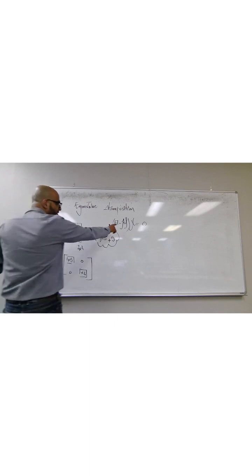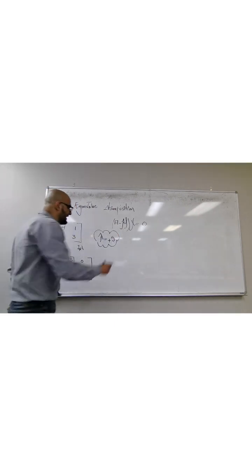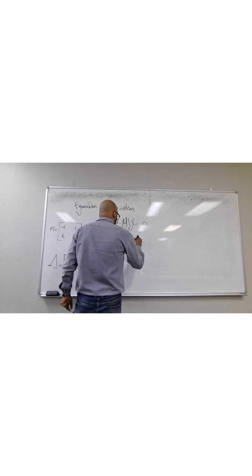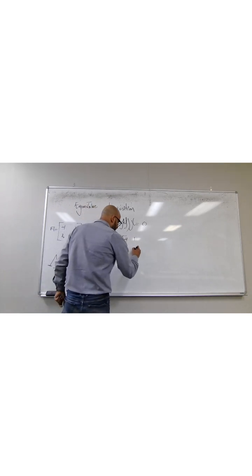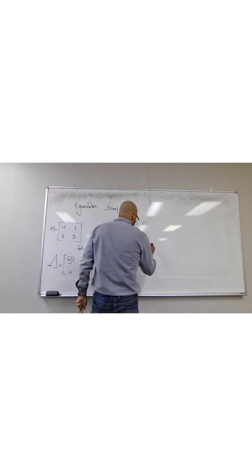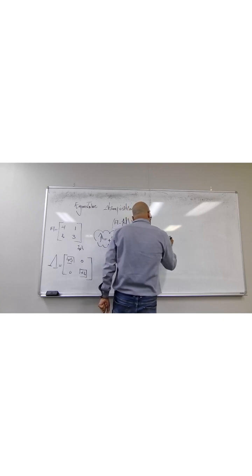I'm just going to multiply lambda to the I and subtract from A. In that case, it's going to be matrix A, 4, 1, 2, 3, minus lambda, which is 5 times 1, 0, 0, 1.